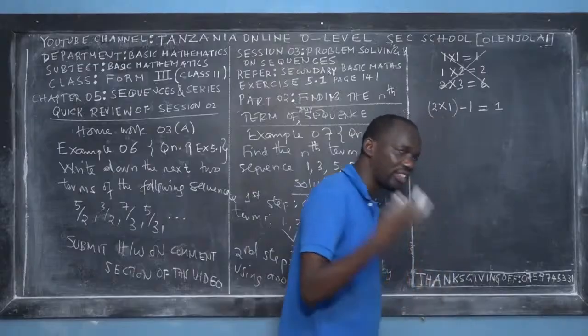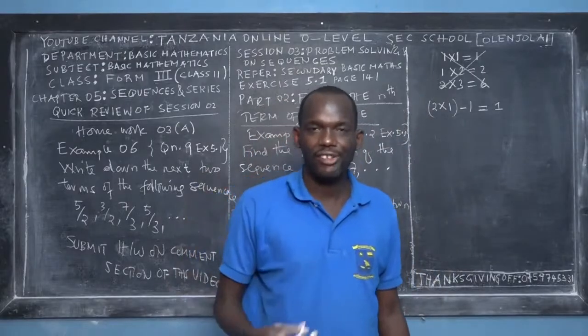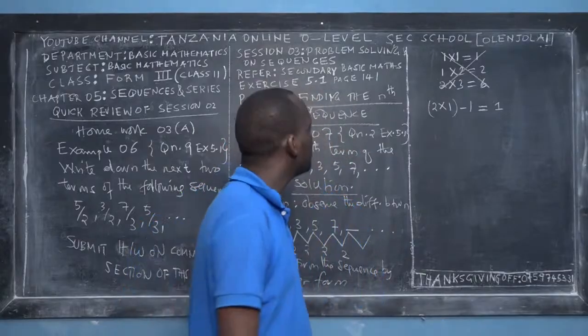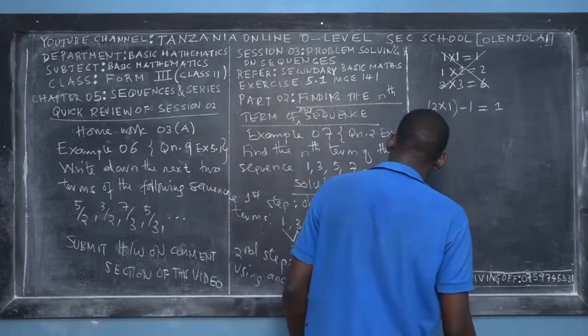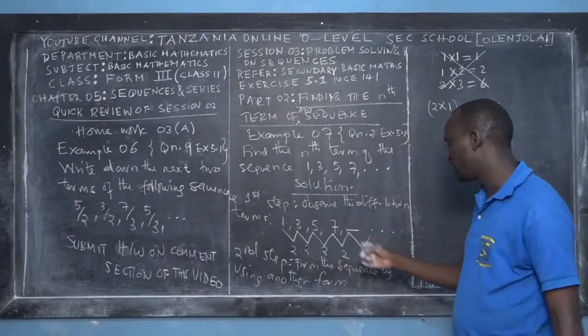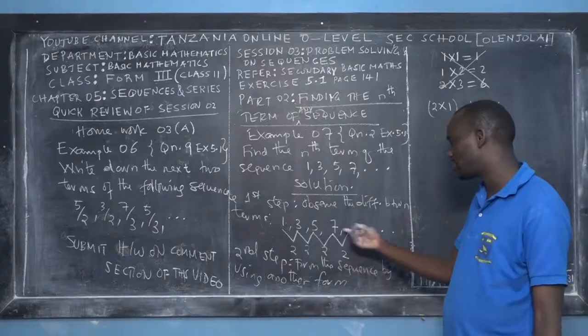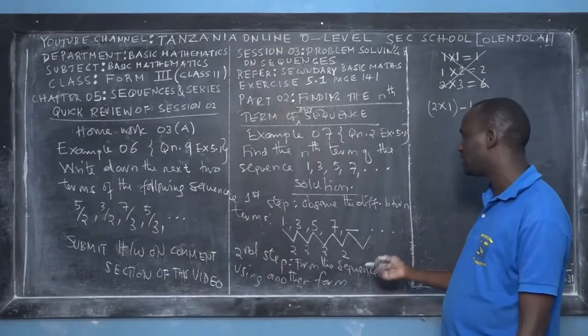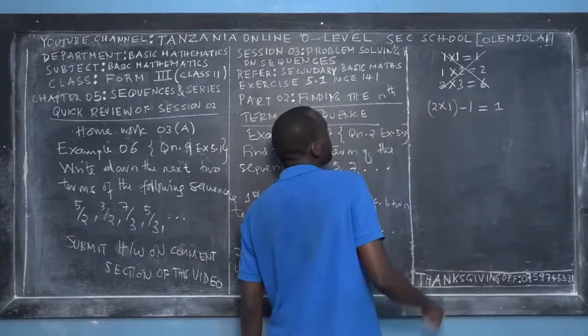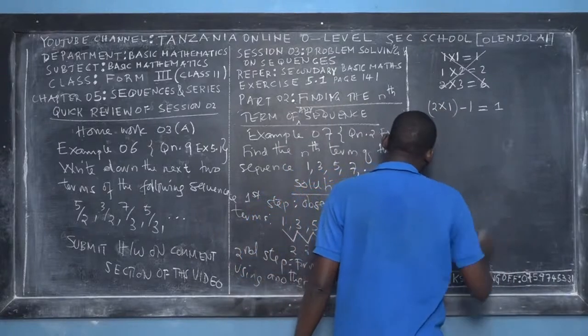You have to use your mind, your intelligence of thinking, and see how the sequence has been formed. There is no need for the formula at this point. I know this is an arithmetic progression, but in this system we are not allowed to use the formula. I haven't talked about the formula yet. So 2 times 1 is equal to 2, minus 1 is 1.